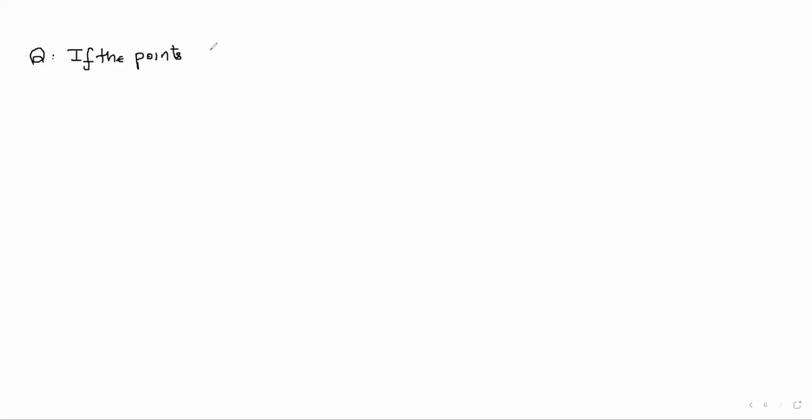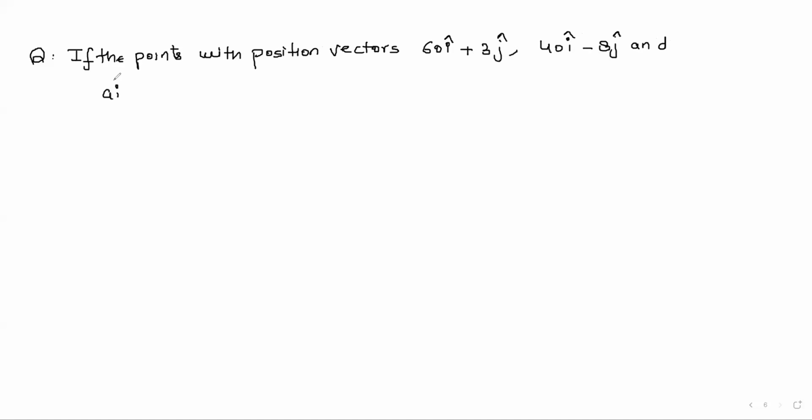If the points with position vectors 60i cap plus 3j cap, 40i cap minus 8j cap, and ai cap minus 52j cap are collinear, find the value of a. Okay, please try this question.